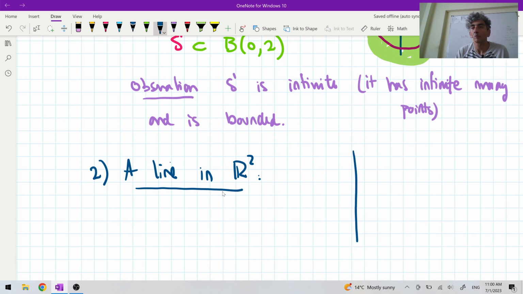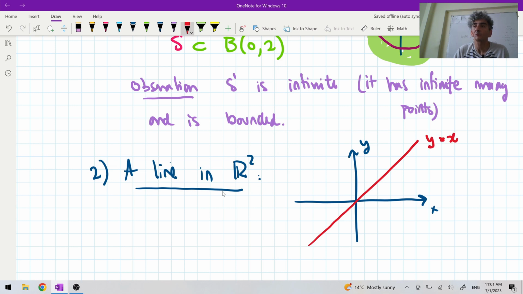What happens with a line in R2? Say you pick the line y equals x. Then this set is not bounded, because for any ball that we choose, say centered at 0, there are points of the line that lie outside.